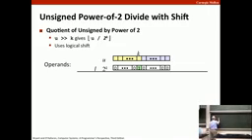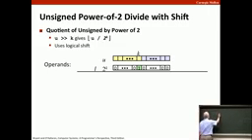So, for example, if we had the number 0, 1, 1, 0, that's 6. So if we shift it right by 1, we'll get 0, 0, 1, 1, which is 3, and 6 divided by 2 is 3.